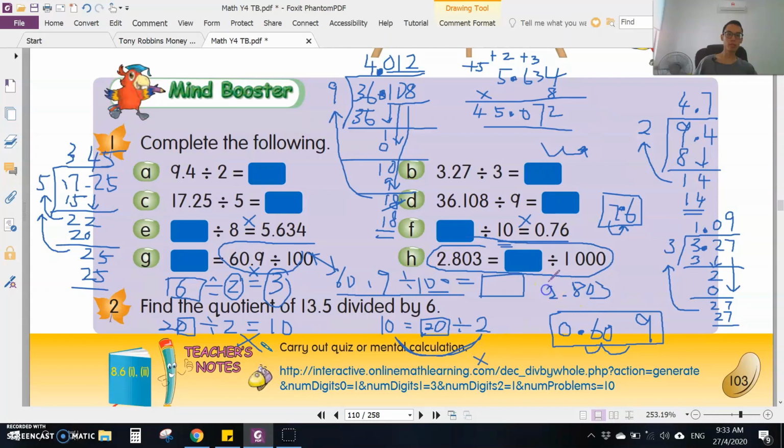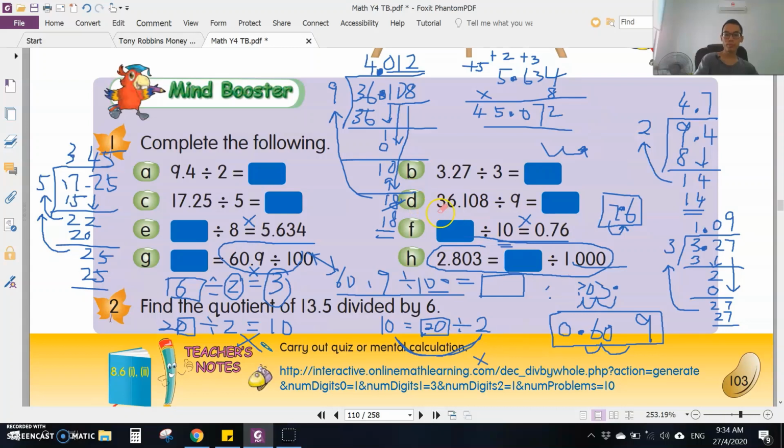2.803 times 1,000. So 3 zeros, you have to move 3 times. Okay, gerak 3 kali ke kanan. 1, 2, 3. So the decimal point is no longer here.